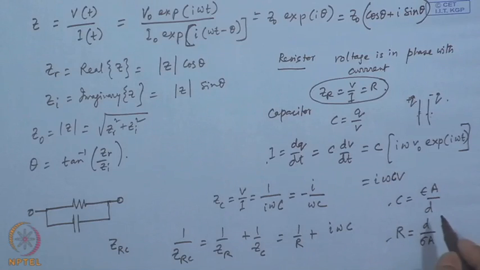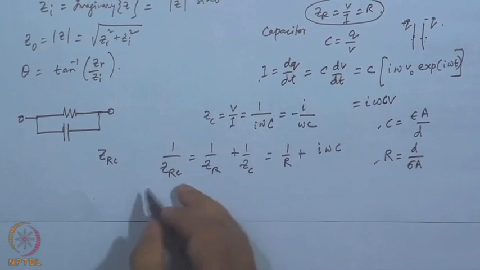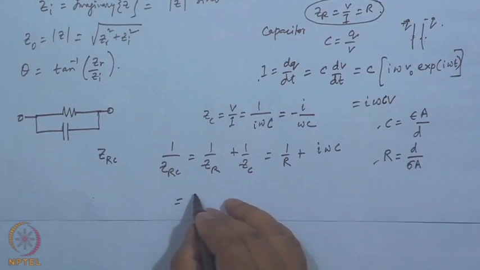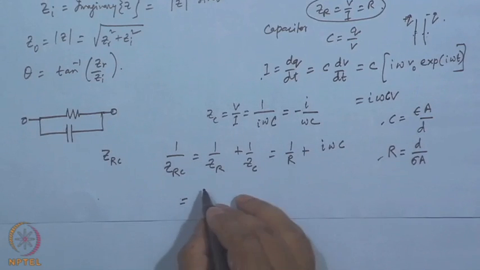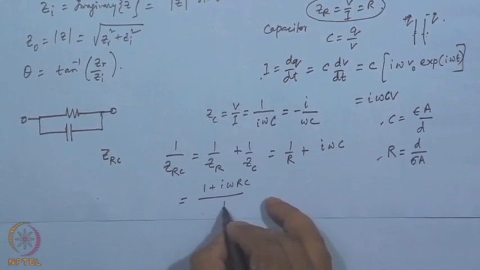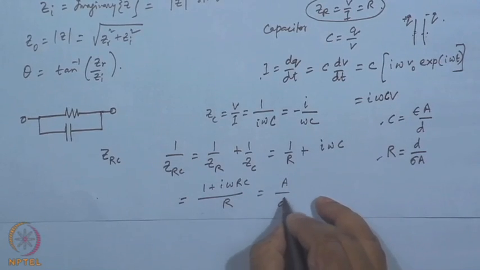So in that case 1 by ZRC would look like 1 plus i omega RC divided by R, which would be equal to A by D into sigma plus i omega epsilon.